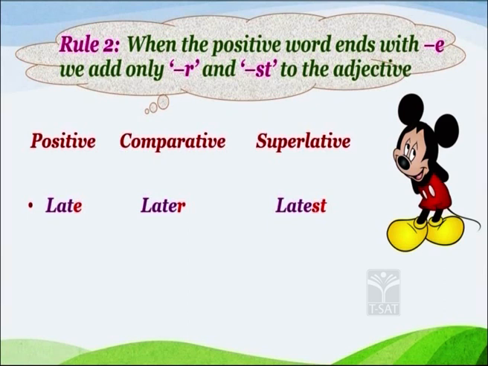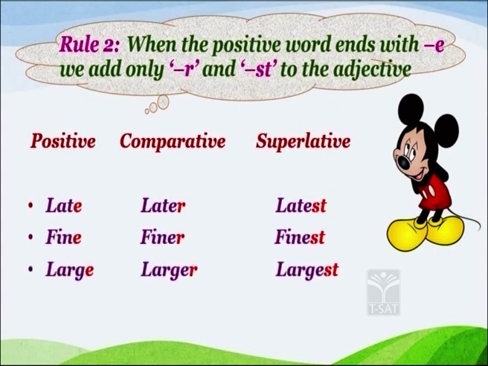For example, the word late ends with the letter E, and when it changes to comparative degree, we have to add only the letter R, and when it comes to the superlative degree, we should add only ST. But in the previous rule, we learned that if we add the letters ER, it becomes comparative.